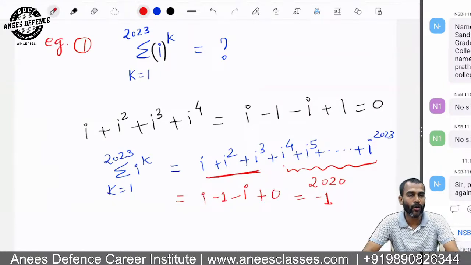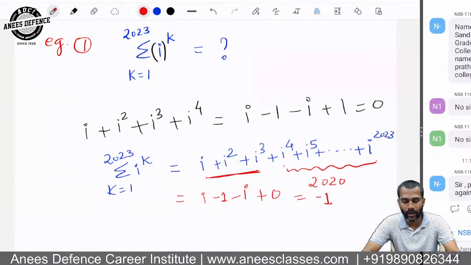How do we come to know how many terms we have to leave first? We just divide the whole number by 4. Whatever the remainder you get, you have to remove that number of terms. If you divide 2023 by 4, you'll get remainder 3. So that is why I have taken the first 3 terms aside.